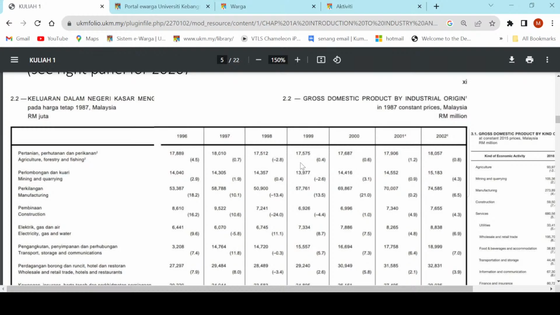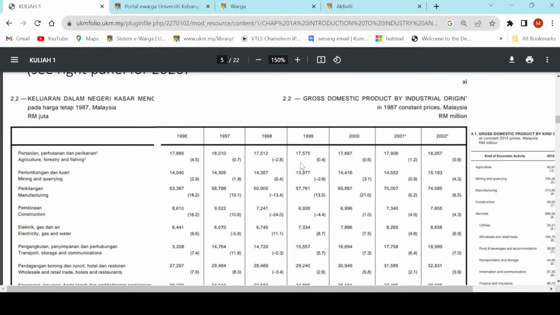So we need to change all this into constant prices. This is not part of our class, but I have the duty and obligation to make you understand. When we talk about economic growth, we're talking about GDP growth. For GDP growth, we must use the constant price. All of this is constant price.